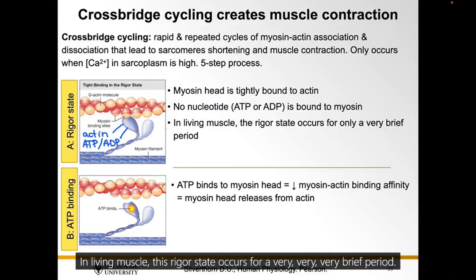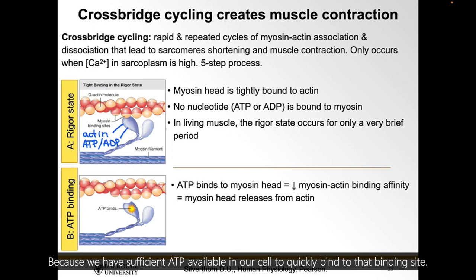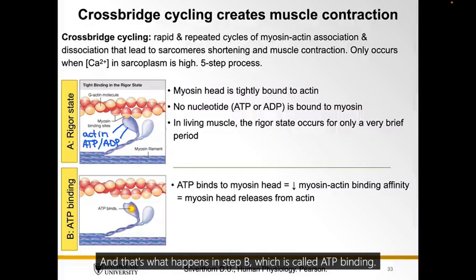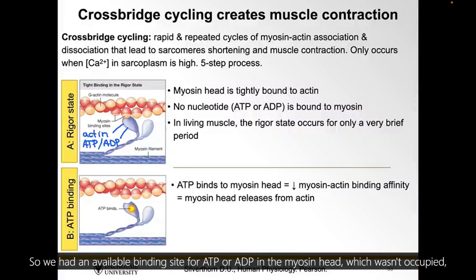In living muscle, this rigor state occurs for a very, very brief period because we have sufficient ATP available in our cell to quickly bind to that binding site. And that's what happens in step B, which is called ATP binding. So we had an available binding site for ATP or ADP in the myosin head, which wasn't occupied.